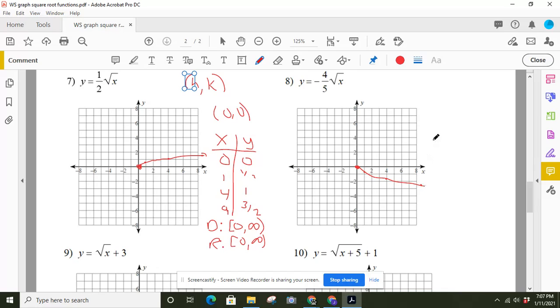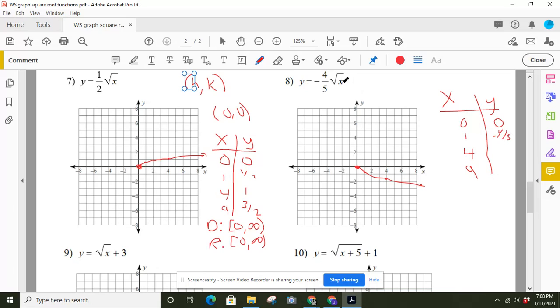We'll just check our table of values and make sure we're good. Again, you start your table of values at the critical point. So in this case, 0, 0, h, k. Add 1, add 3, add 5. That's how you get your x's. If you plug in 1, square root of 1 is 1, so you get negative 4/5 or 0.8.